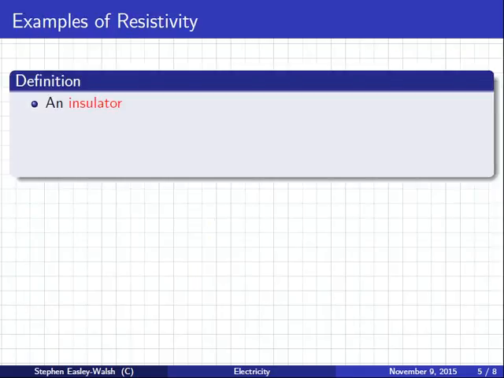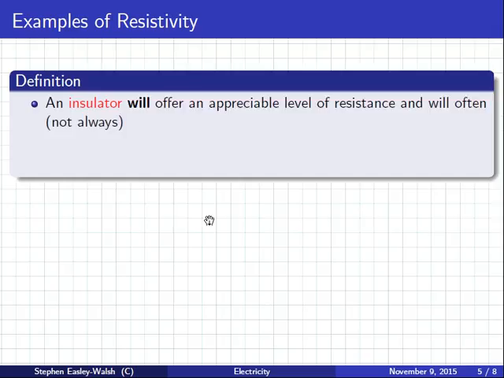You've done this in chemistry, have you? No? Okay. It cannot pass electric current. It doesn't conduct. In other words, it has a lot of resistance. So I said an appreciable level of resistance, and it will often, but not always, have a high level of resistivity. So in other words, huge resistance.